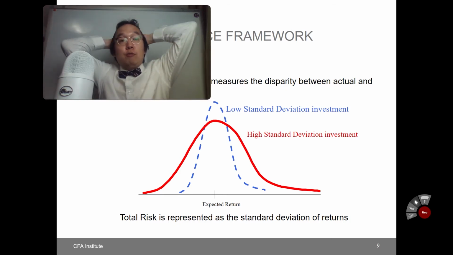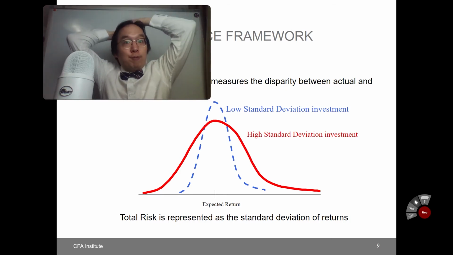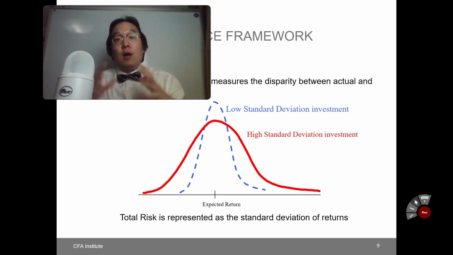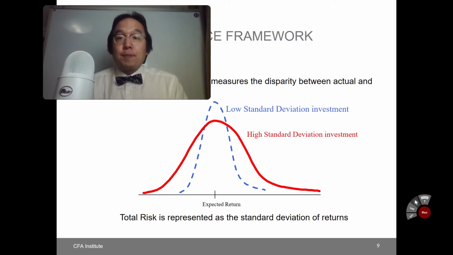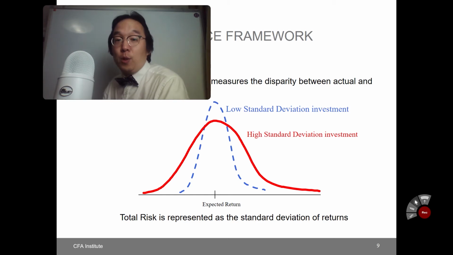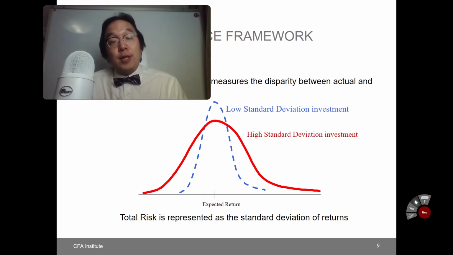Let's say you plot a histogram of daily or monthly return over many, many years for two kinds of assets. The red one is a high-risk asset. The blue one is a safer asset. What's going to happen in the histogram?